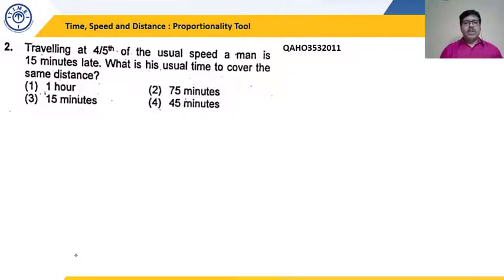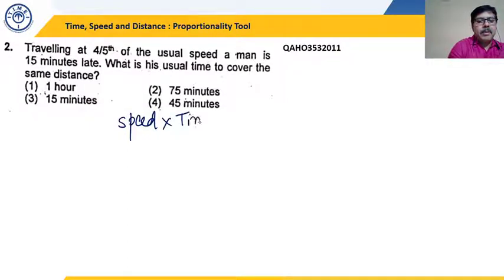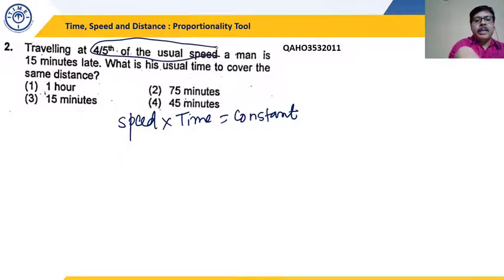So if distance is constant, speed into time is constant. 4 by 5 of the usual speed is as good as a decrease by 1 by 5.